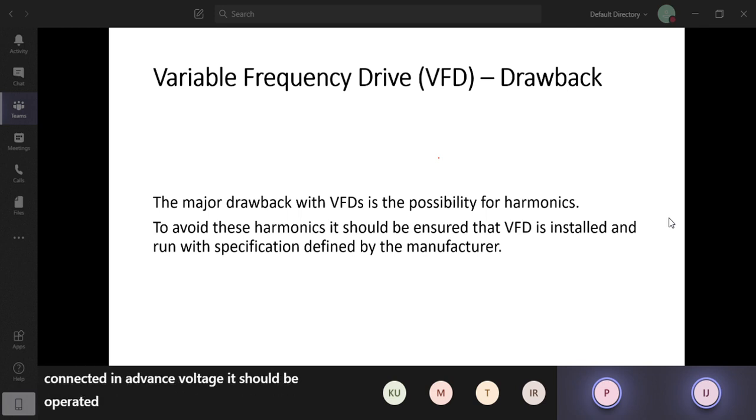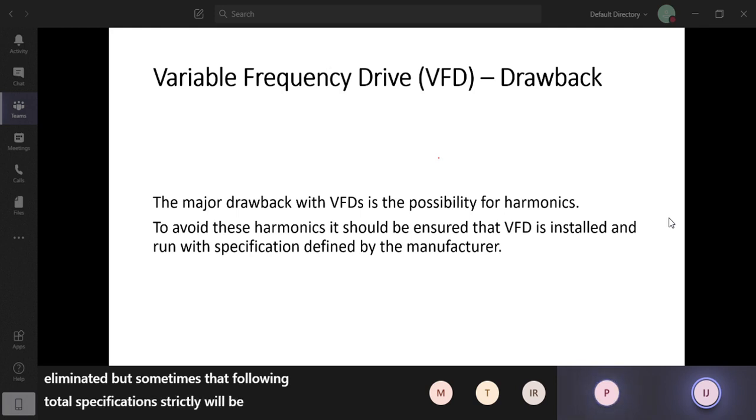All the specifications will be given. When we follow all these instructions and specifications correctly, the issue of harmonics can be eliminated. But sometimes following the total specifications strictly will be difficult.